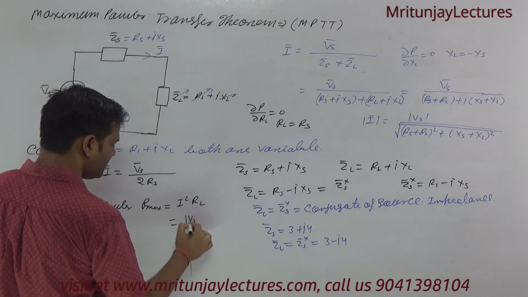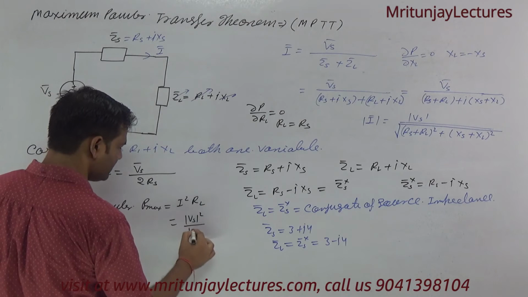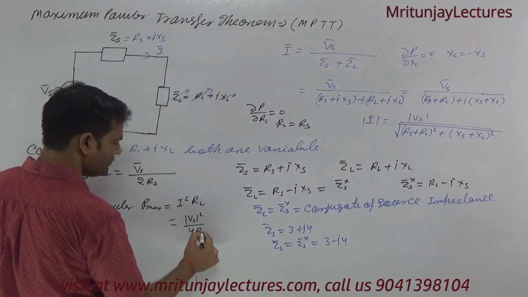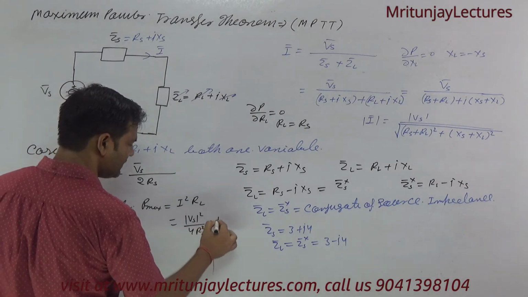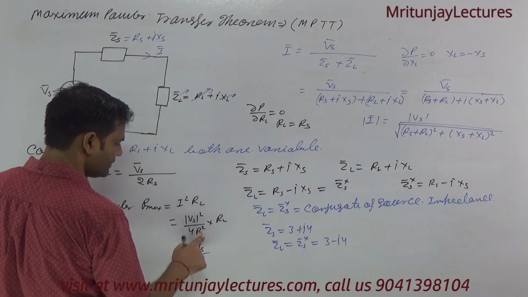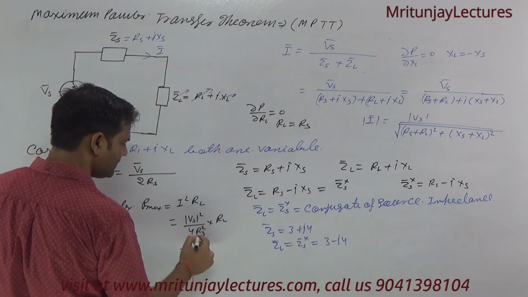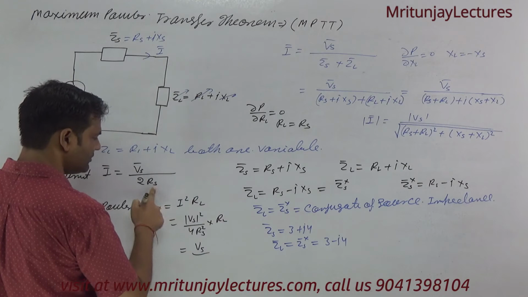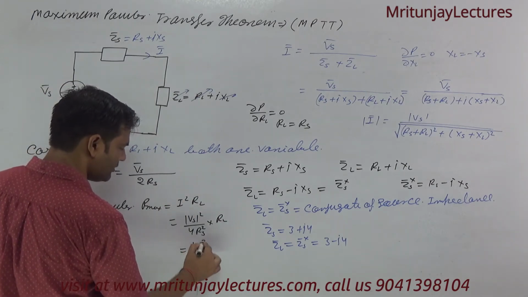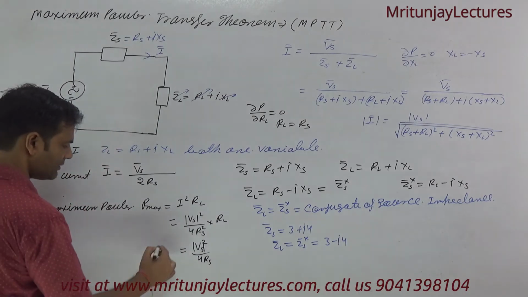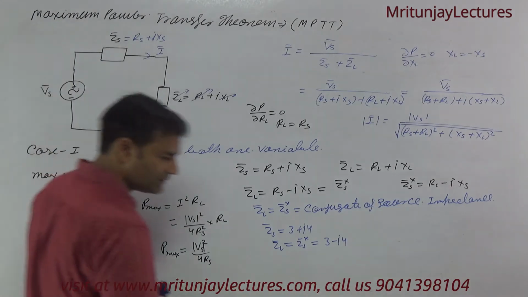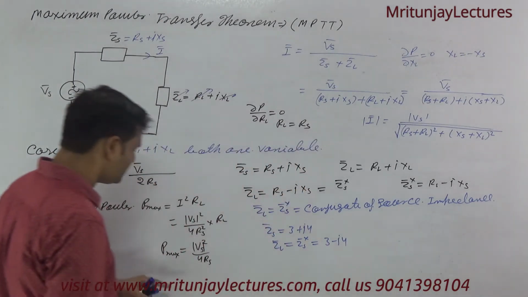So we get Vs divided by 4 RS, where RS and RL are the same, so finally Pmax is Vs squared upon 4 RS. Clear or not? That is the maximum power transferred to the load.